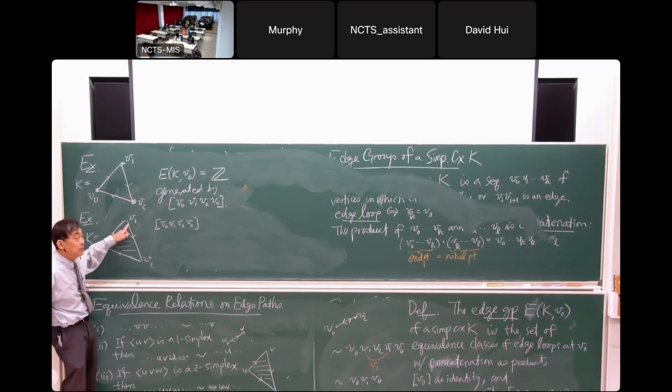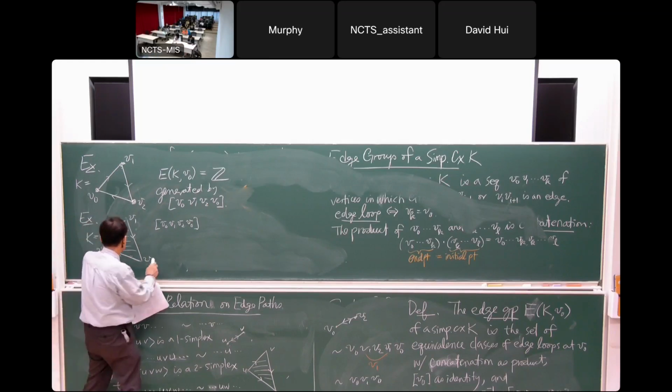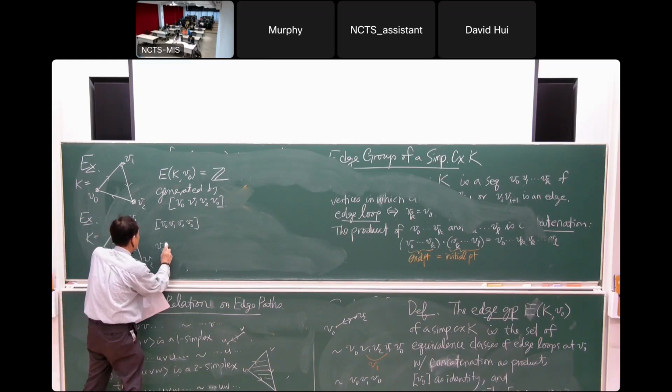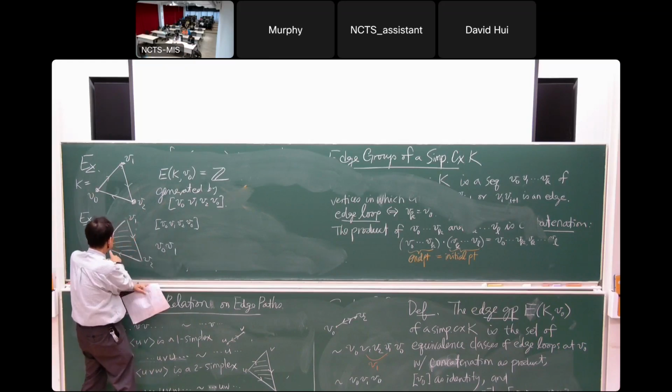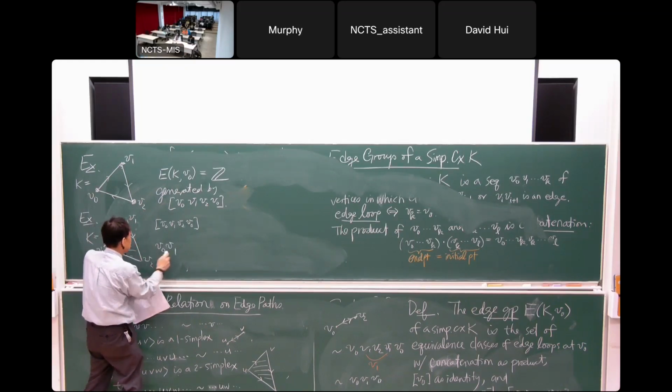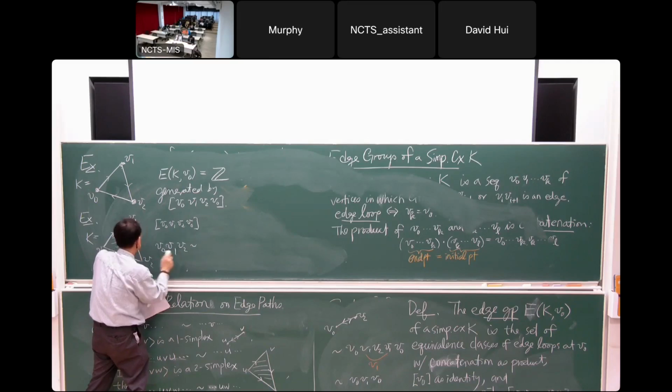But you have a two simplex. When you have a two simplex, then V0, V1, V2 is the same as V0, V2, right? Sorry, in here, V0, V1, V2, that's equivalent to V0, V2.